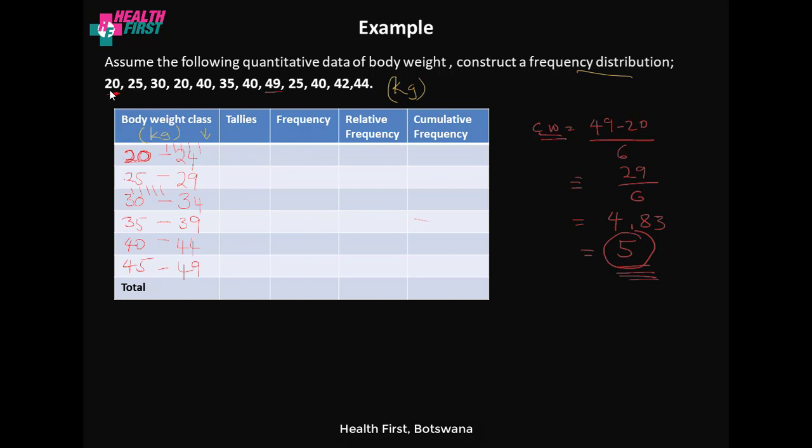So let's start off with 20. 20 would be in this group here, so we make a tally there. 25 would be here, we tally. 30 is in this class, we tally. 20, 40 is in this class. 35 would be in this class. 40 over here. 49 over there. 25 over here. 40 in this class. 42 in this class. 44 is in this class as well.